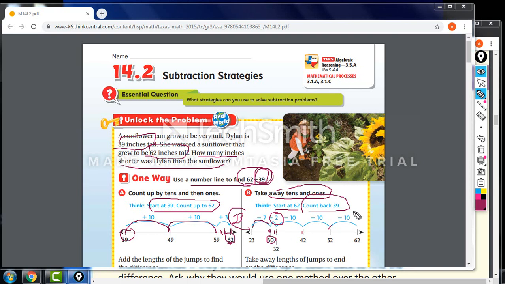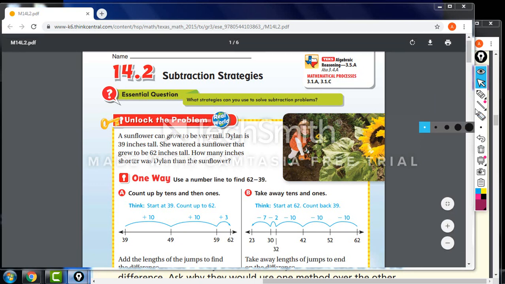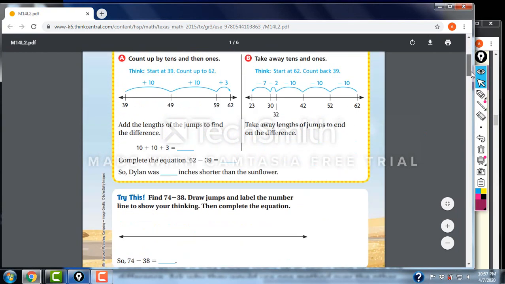And then if we add these, 10, 20, 30, 32, 37, it equals 39. Then your answer is 23, which is the original answer from right here. So again, we could start at 39 and go to 62, or we could start at 62 and jump 39 back. We're still subtracting.